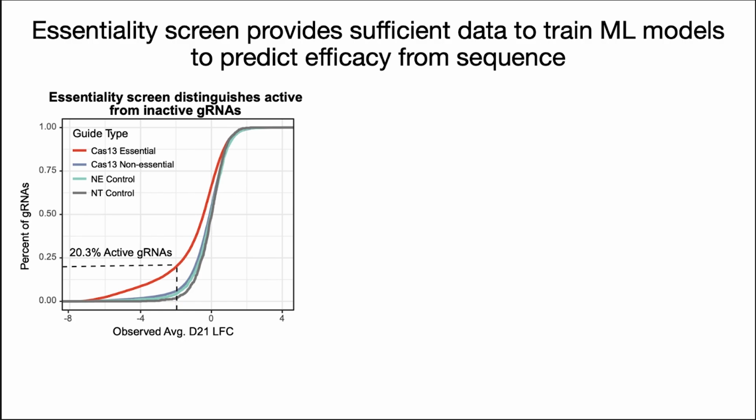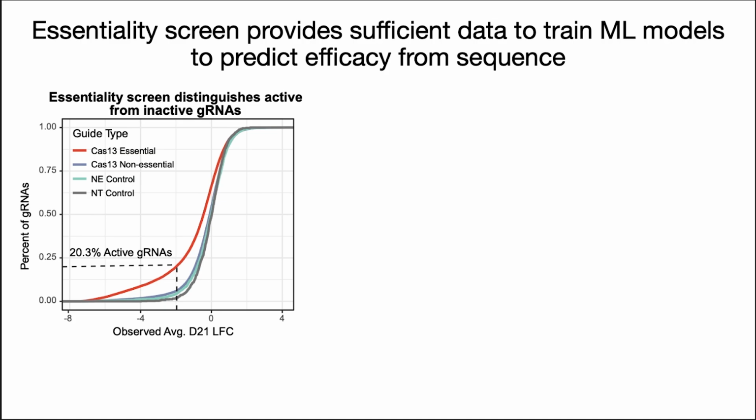This is showing the empirical CDF of guides in different categories: targeting essential genes, targeting non-essential genes, non-essential controls, and non-targeting controls. And you can see that just for the guides targeting essential genes, you see this tail with large negative log fold changes.